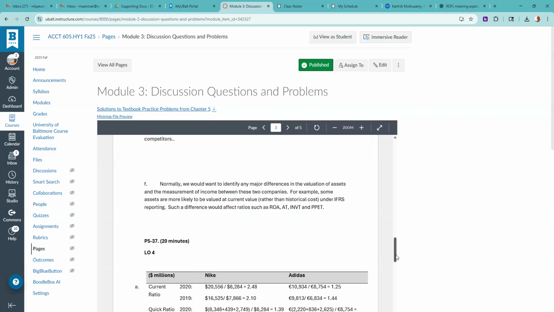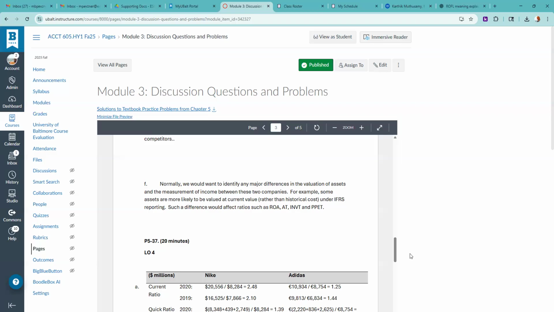And in turn, of course, if there are any things like asset revaluations included in net income or operating income, that would affect things like ROA and so on. I'm not sure I agree that it affects inventory turnover too much, because as far as I recall, IFRS is not that different from US GAAP when it comes to inventory, but they could have some small nuances. Okay, so this is question 536.